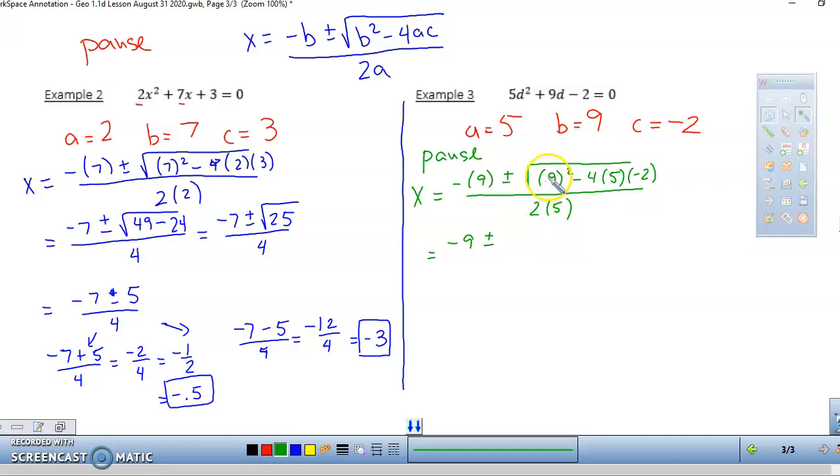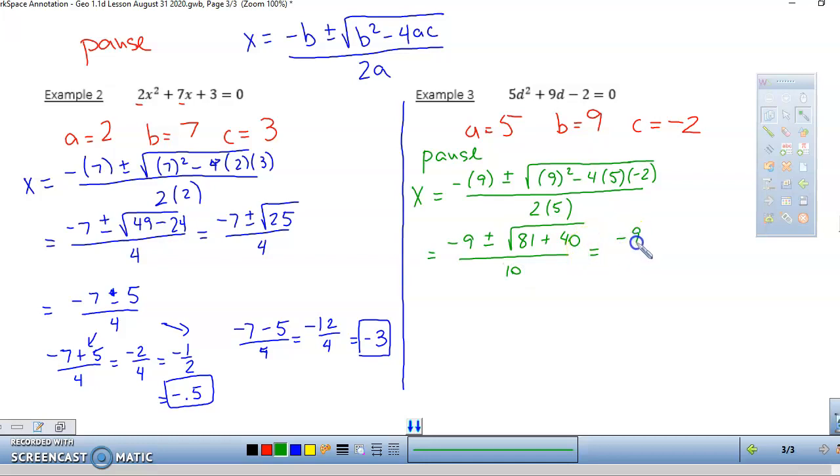And then the important piece here, if you do it without the calculator, you have to pay attention to signs. So I have a negative here and a negative here. So this whole product is going to be positive. Okay, so what I get here is 81 plus, because it's negative times a negative, 20 is 4 times 5 times 2 is 40. All of that over 10.